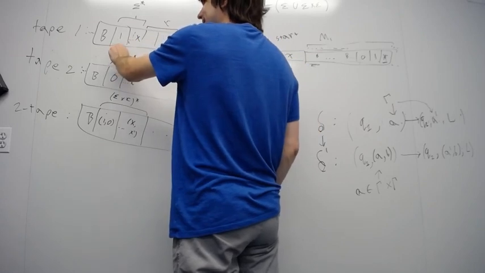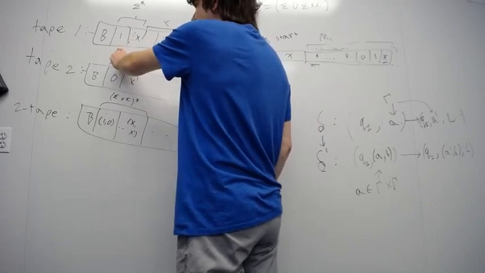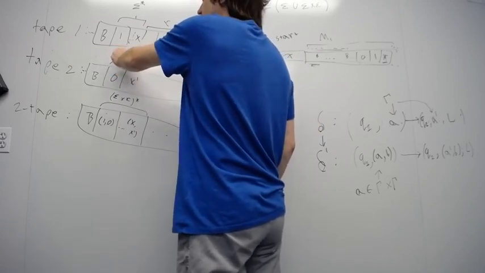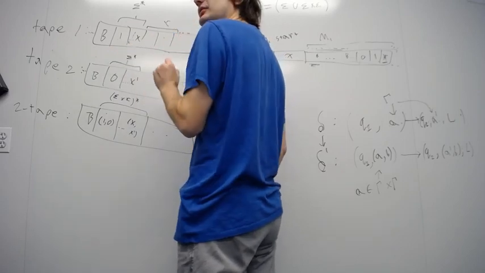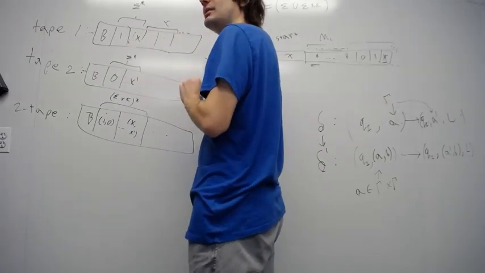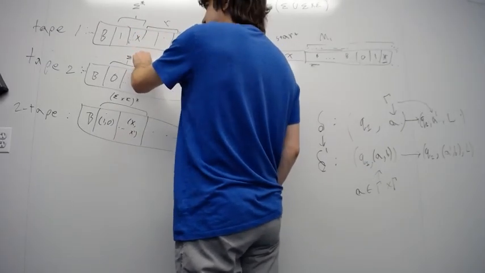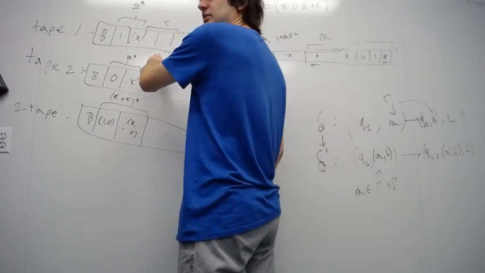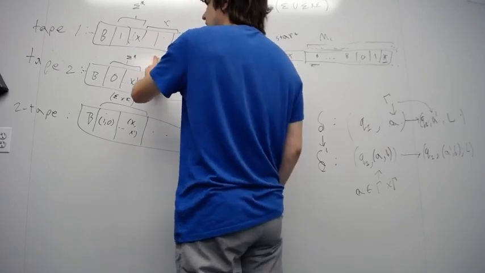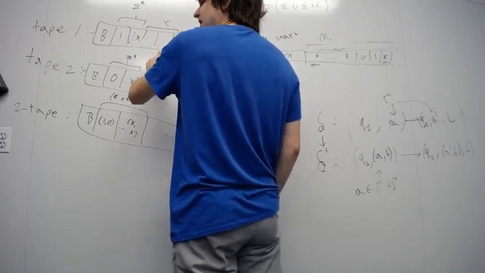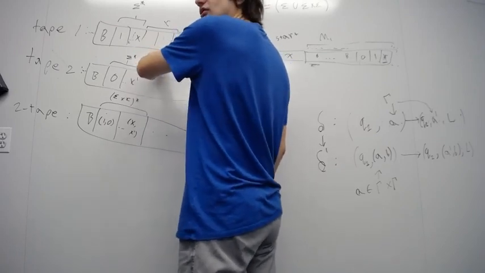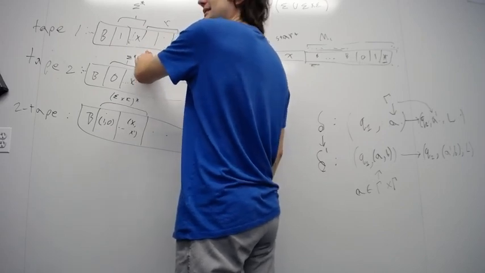Now, for every element x of sigma that I see, I turn it into the tuple x comma x, and then I move right. And I keep doing that. If I see a blank at any point, which I will eventually because the input is finite, then I write nothing, and I transition to a state that moves left until it sees another blank.